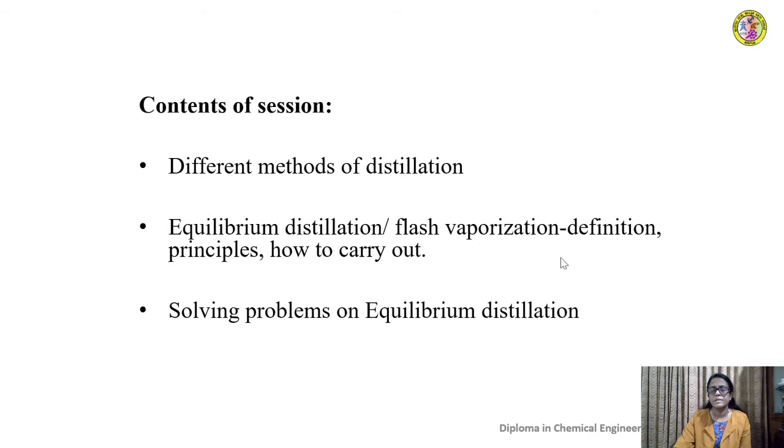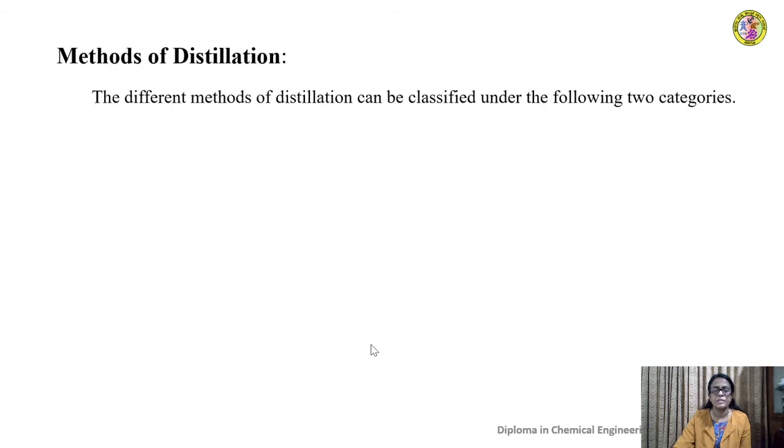You are going to understand what is meant by flash vaporization, what are the principles involved in the operation, and how you can carry out the flash vaporization. Then we'll derive the equation of operating line for this type of distillation, and using the equations derived we have to solve a few problems on this type of distillation.